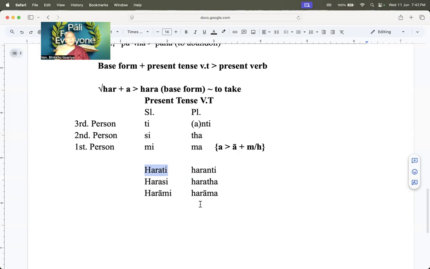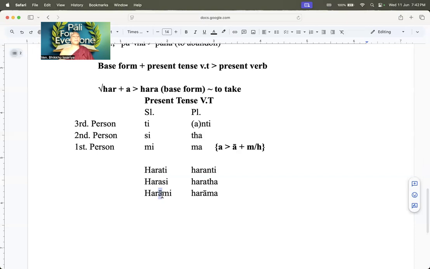Just remember that a long one or a short one can be pronounced at that time. But this R we cannot pronounce in harami and harama.